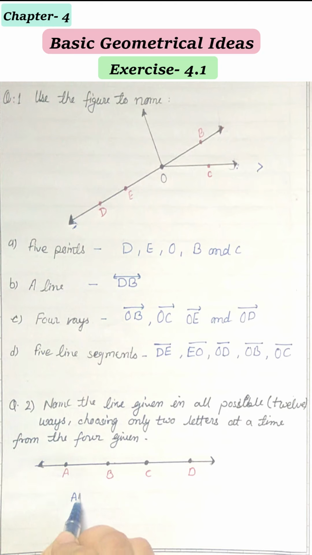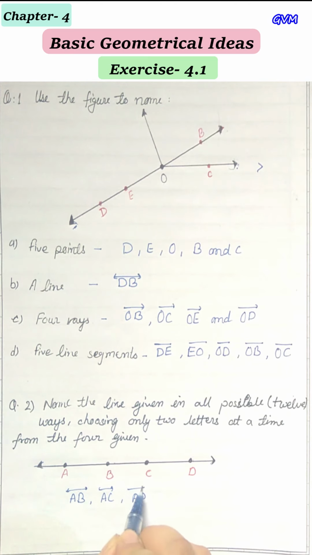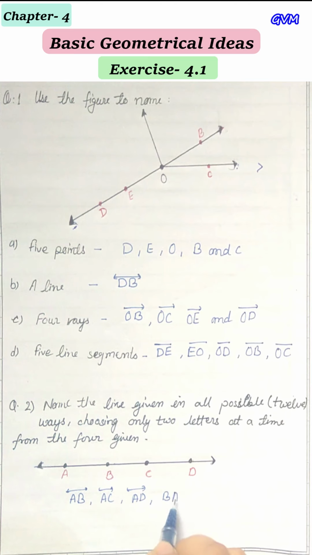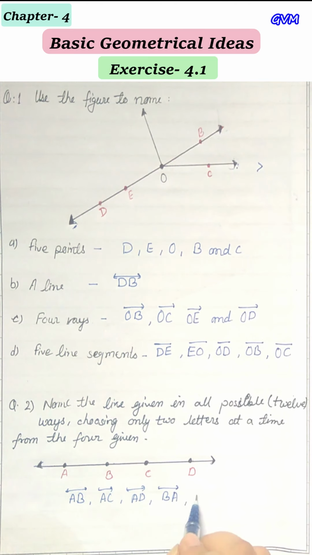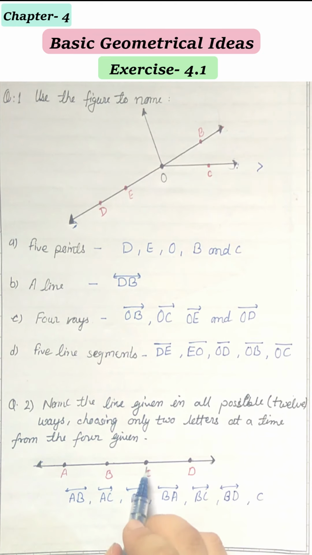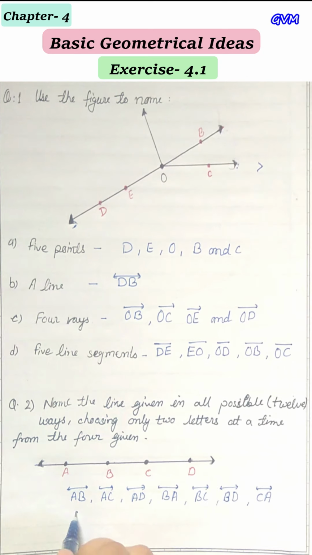So here we have AB, AC, AD, BA, BC, BD. Now start from C: CA, CB.